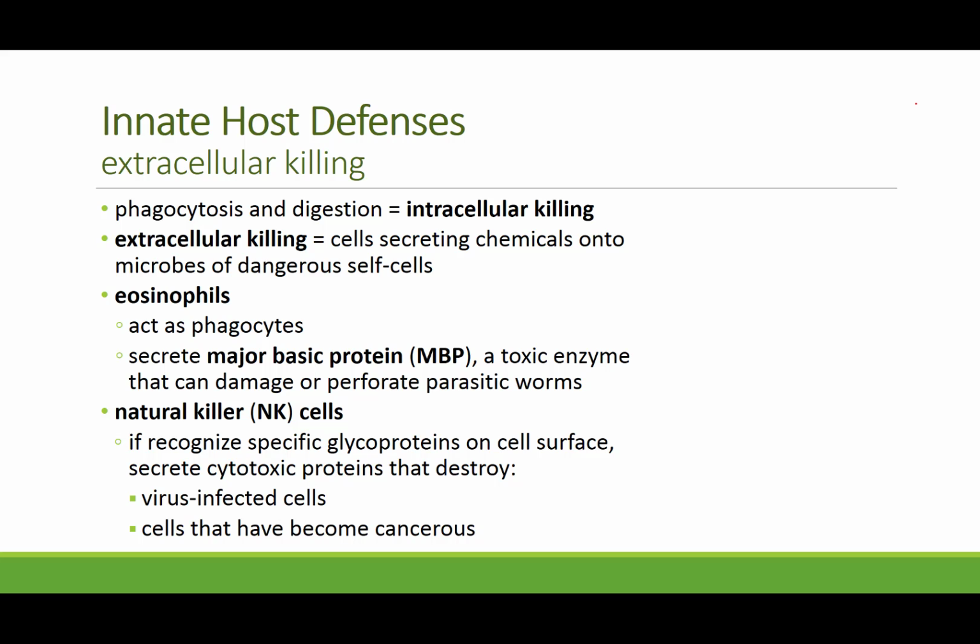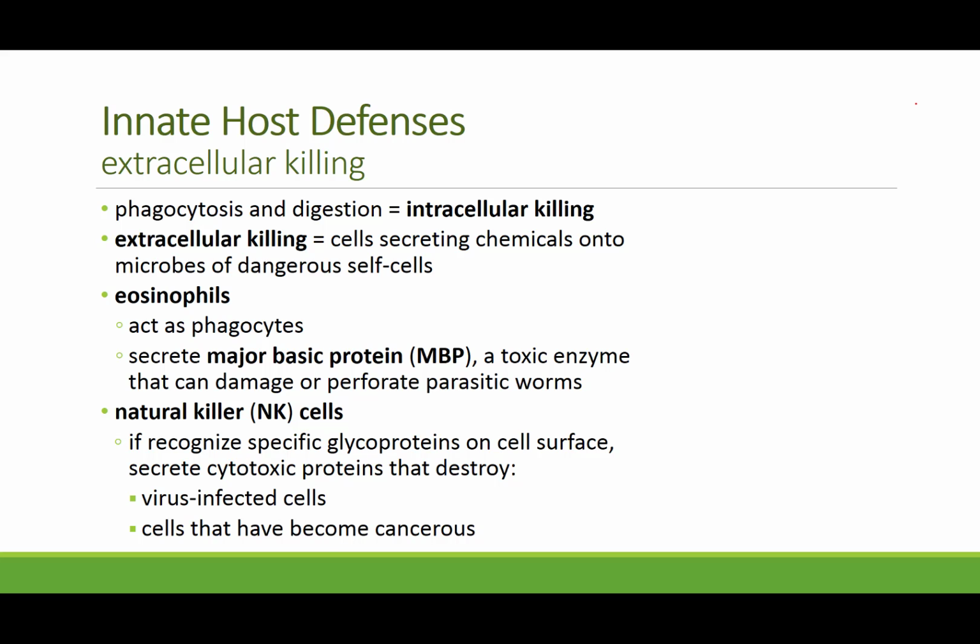So when a cell does phagocytosis and digestion, that's referred to as intracellular killing, because it's all happening inside of the cell. Extracellular killing occurs as the cell secretes chemicals onto the microbe or onto any dangerous self cells that are found in the body. So perhaps one that has become cancerous or has been virus infected.